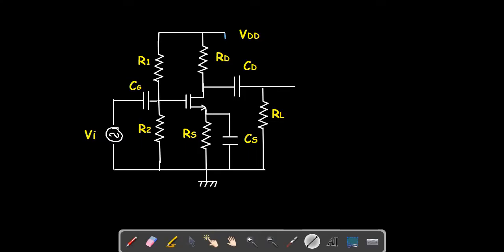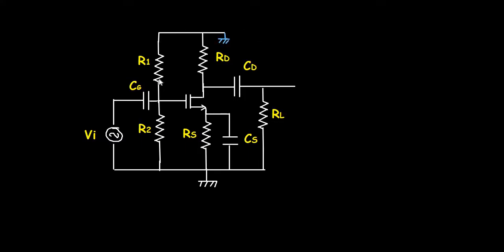Then, since we are doing mid-frequency analysis of this common source amplifier, we have to replace every capacitor by a short circuit. So here I short circuited all 3 capacitors, CG, CD and CS.